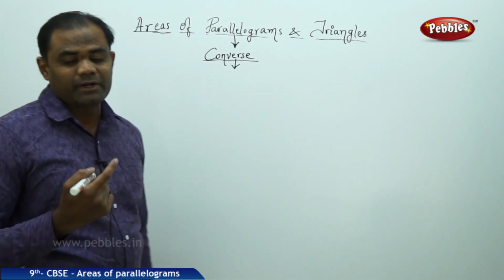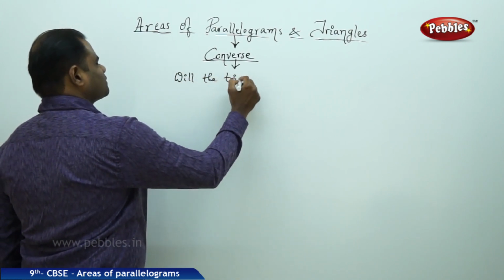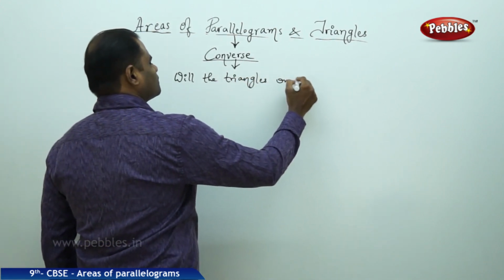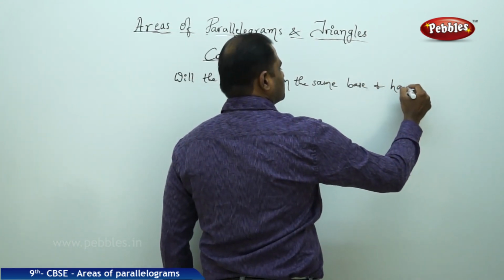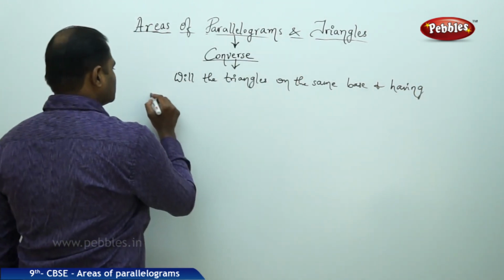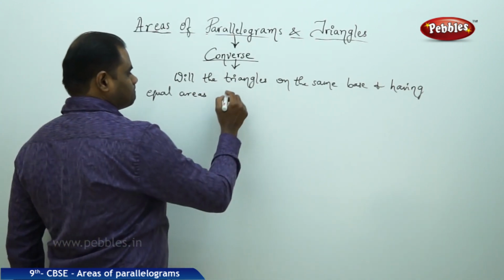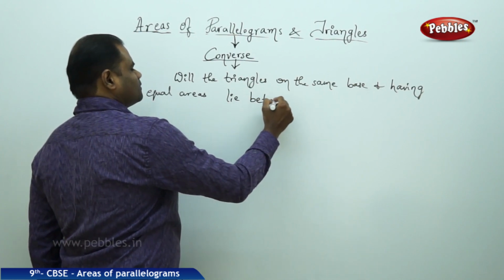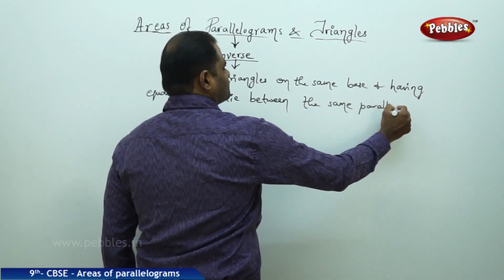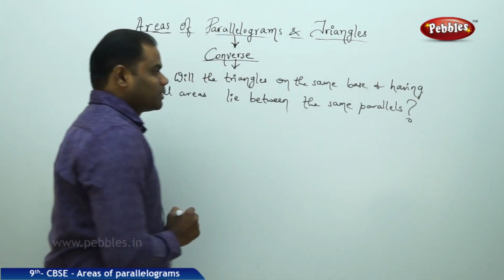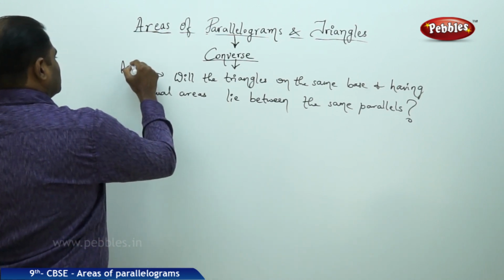So my question which arises in the converse is, will the triangles on the same base and having equal areas lie between the same parallels?